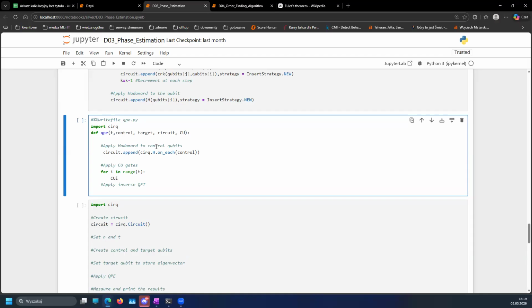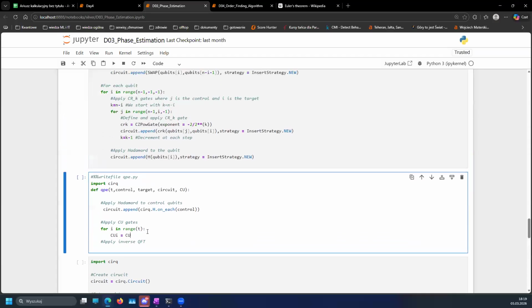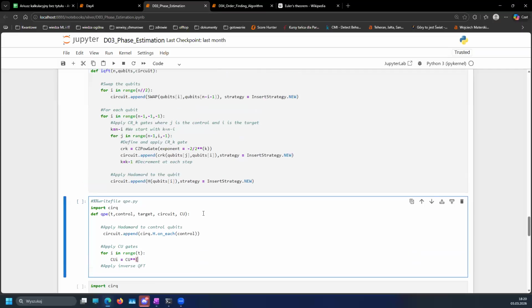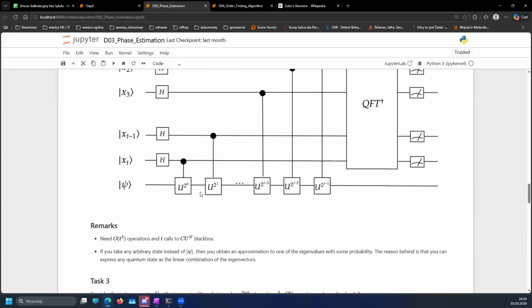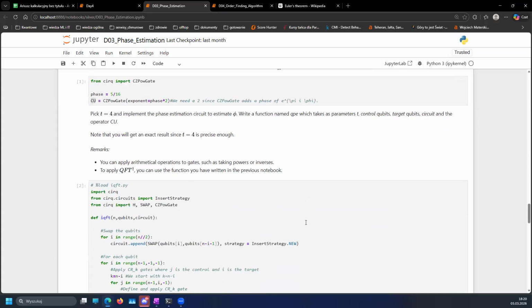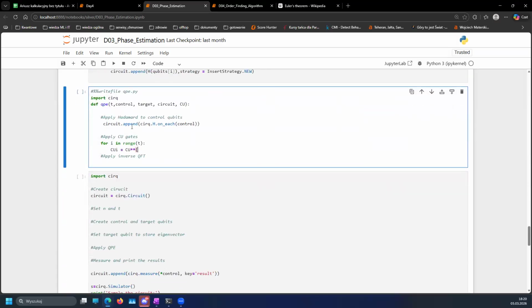I would call it CU_i, and as you probably already read, we can use exponentiation of matrices, like there was above. And here we basically need to write this formula, yes? So there we have 2 to the power of t minus 1. But here I can write 2 to the power of i.